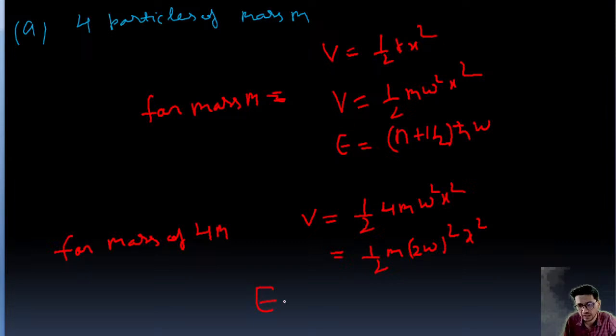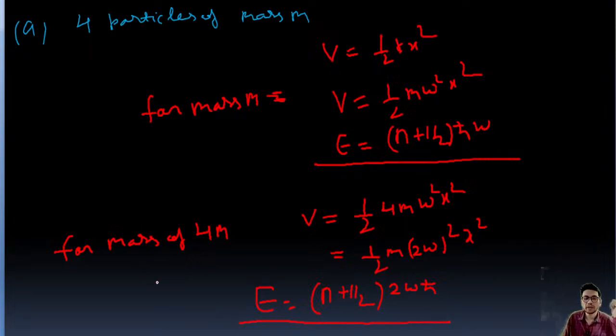Then the energy for the 4m particle is going to be (n plus half) h cut 2 omega. This is the energy, guys. These two are very important points.